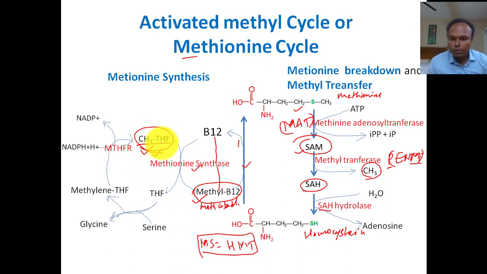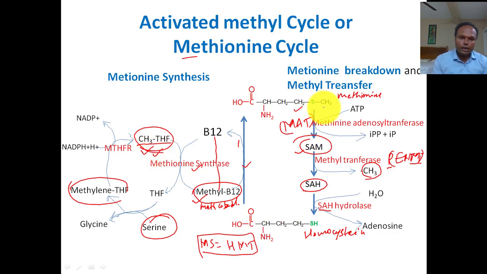Tetrahydrofolate actually comes from the amino acid serine. Serine will convert tetrahydrofolate to methylene tetrahydrofolate, and this methylene tetrahydrofolate will be reduced to methyl tetrahydrofolate. So ultimately this methyl group is coming from folate and from the amino acid.